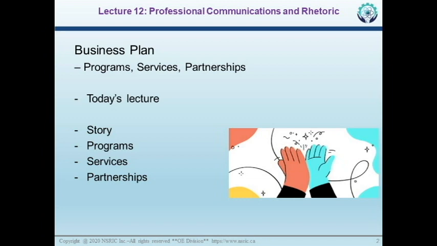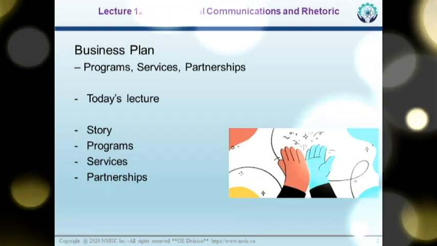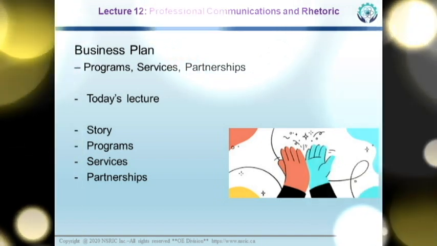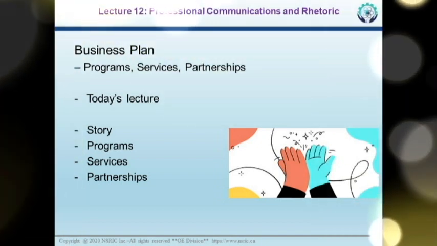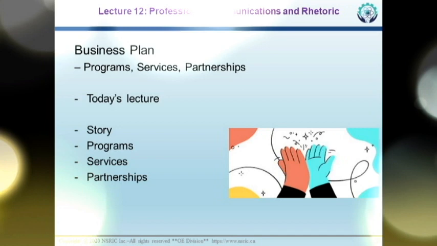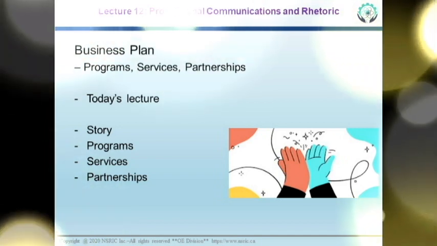The plan also included a detailed analysis of the needs of the community, including the demographics, social and economic trends, and other related factors. The development of the new business plan helped the Children's Aid Society to focus its programs and services on the most critical needs of the community.